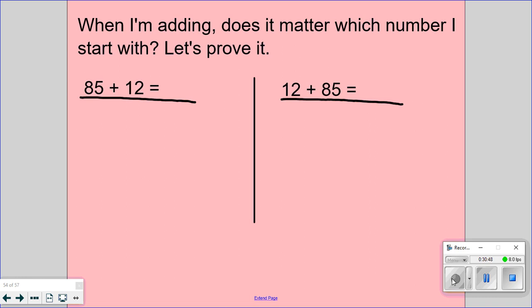Okay. If you were tables 1, 2, 3, 4, you solved 85 and then 12 more. What did you come up with? Mackenzie? I came up with 97. Tables 1, 2, 3, 4, did you also come up with 97? All right. John?